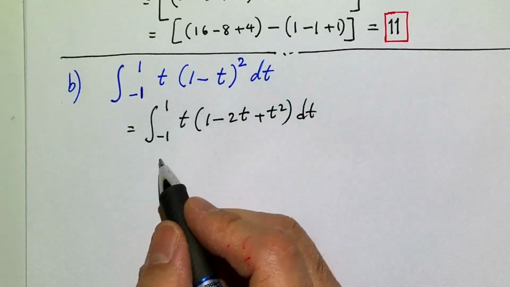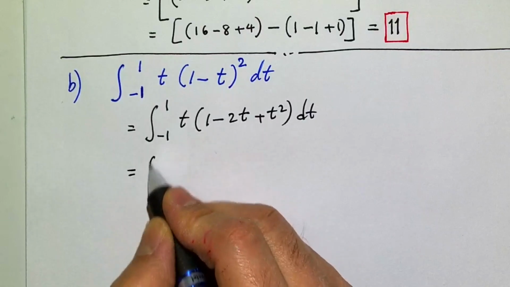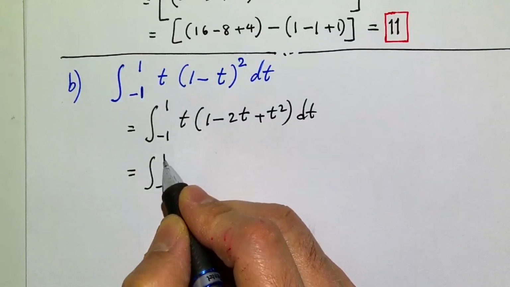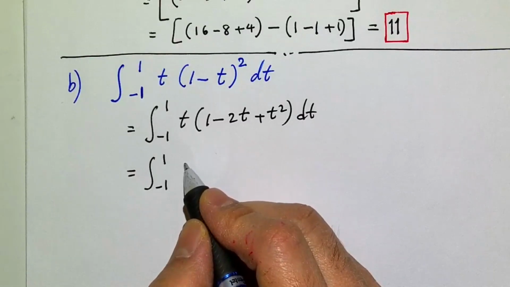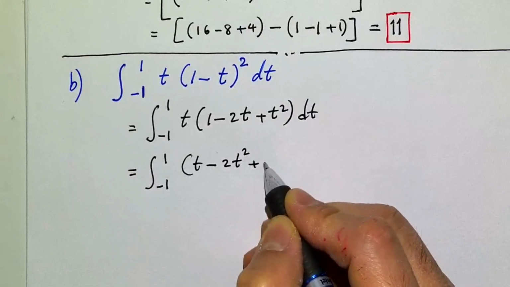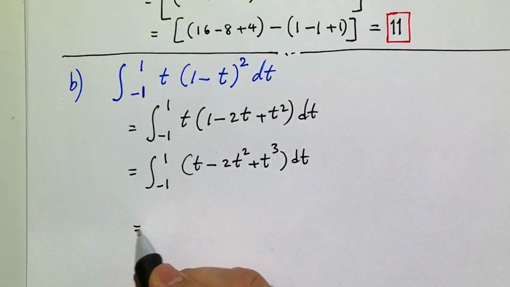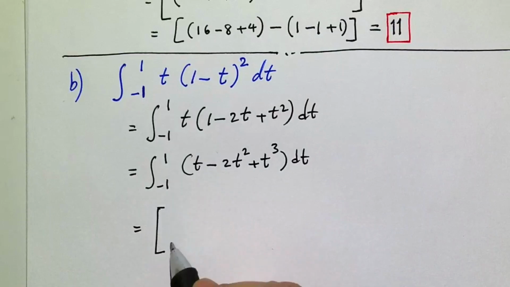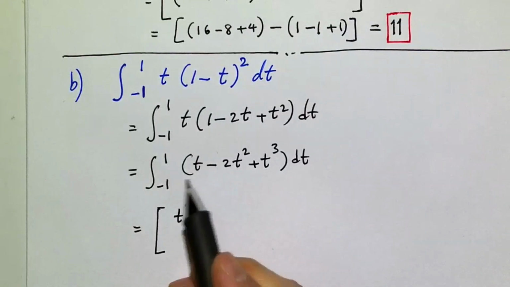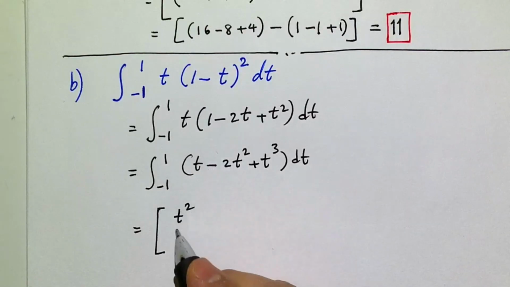Okay, so that's what we have. And then let's distribute. So we have the integral from -1 to 1 of t minus 2t squared plus t cubed dt. Now add 1 to each power and divide by the new power.